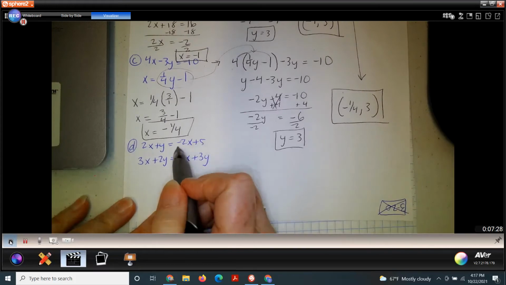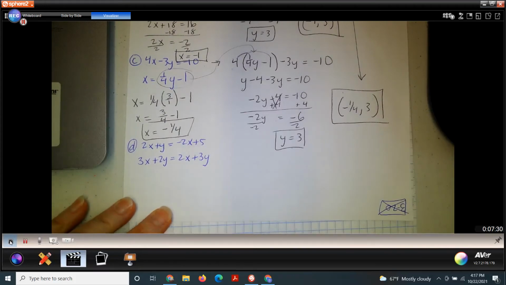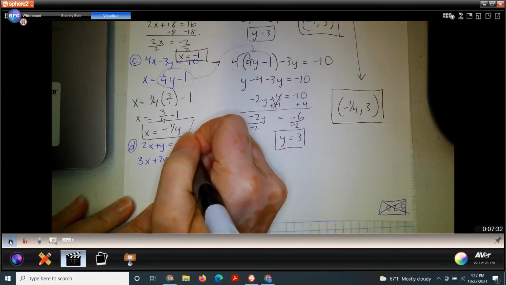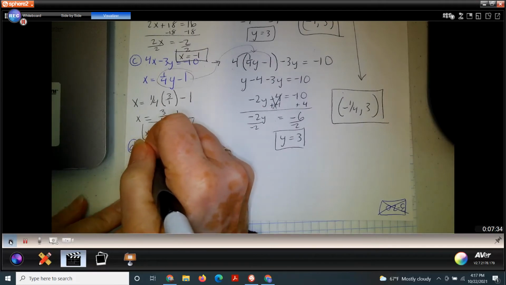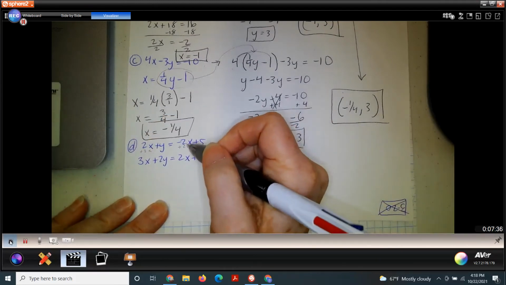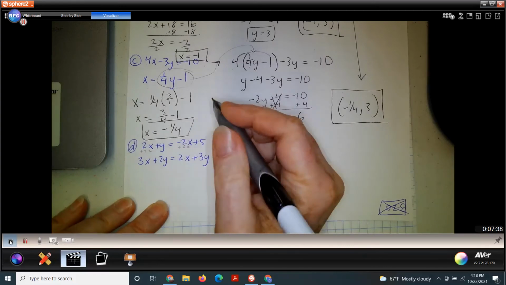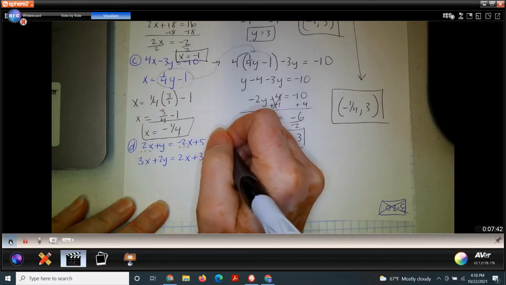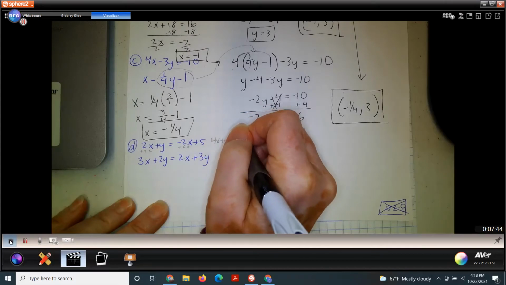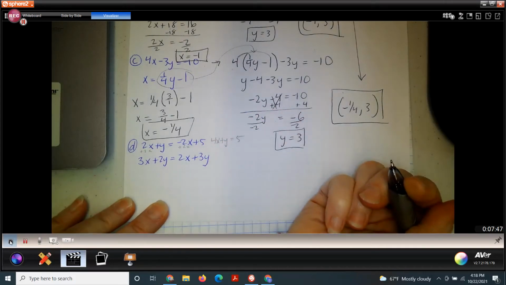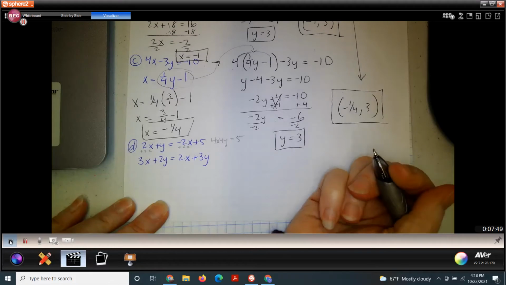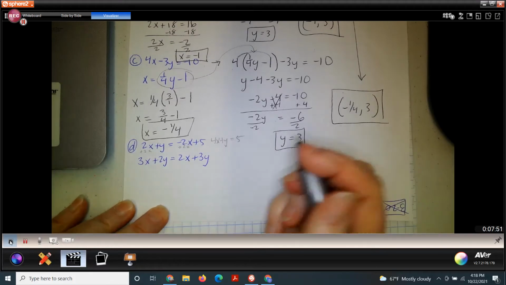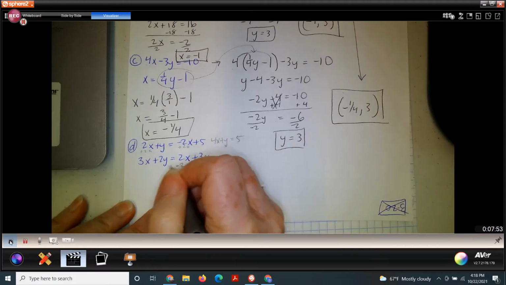So this one, I don't have that much room, but I'm going to add 2x on both sides. So if I did that, I'd have 4x plus y equals 5. And on this one, I think I'll minus 2x.